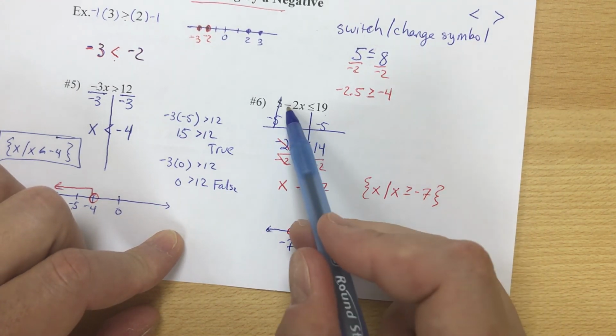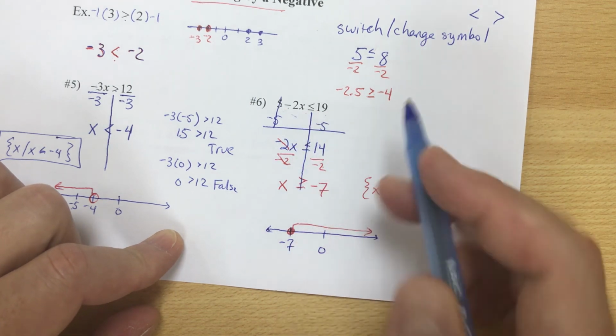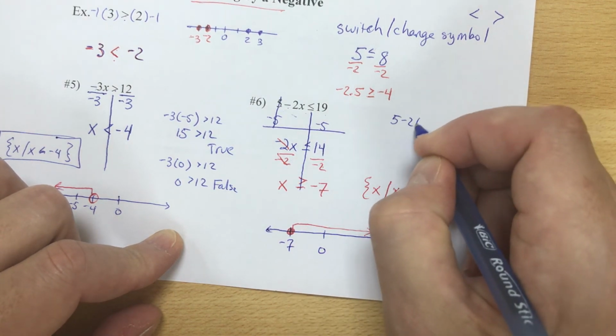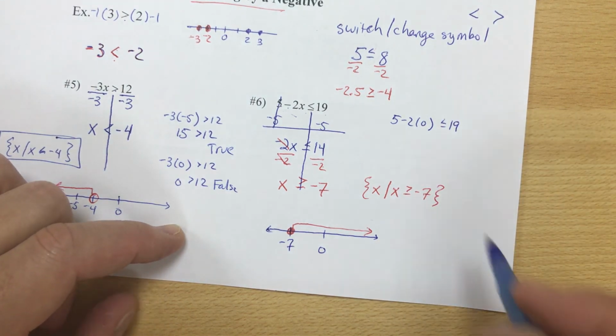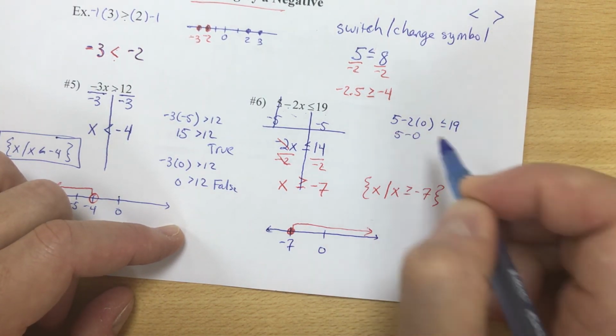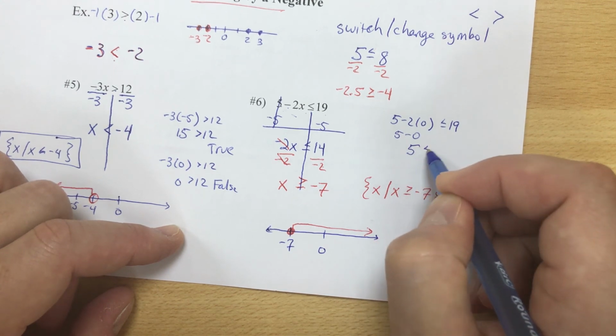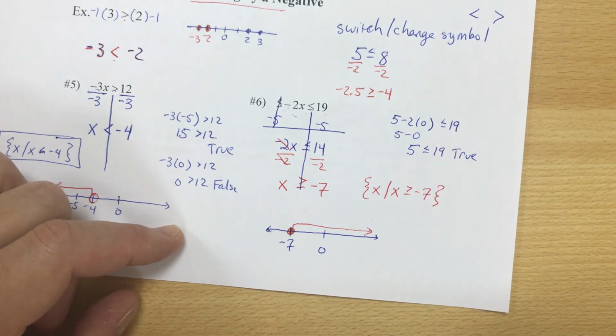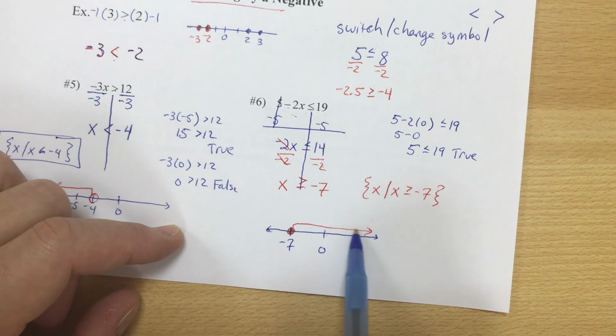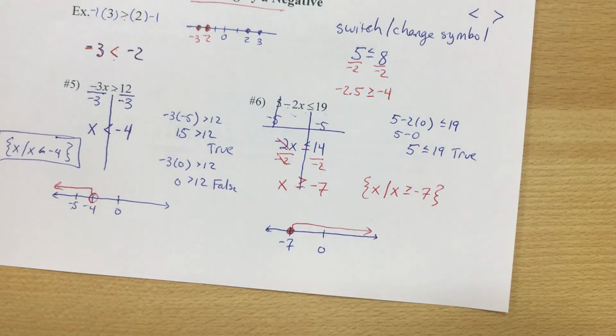If we take 0 and come back to the original inequality, 5 minus 2 times 0, is that less than or equal to 19? Well, that's 5 minus 0, which is 5. Is 5 less than or equal to 19? Yes, that's true. So to the right of negative 7 is where the true values are. These are the solutions. And that is the end of part 1.